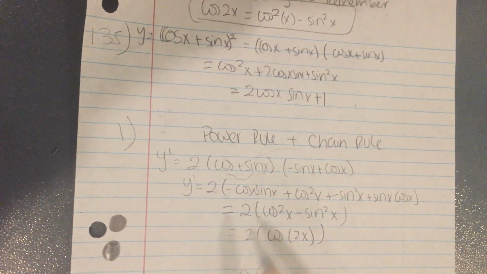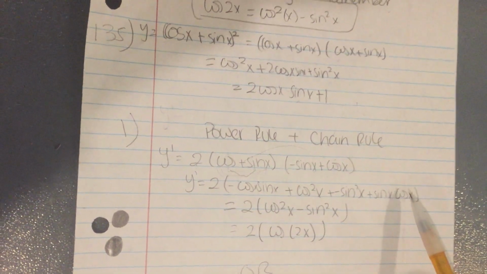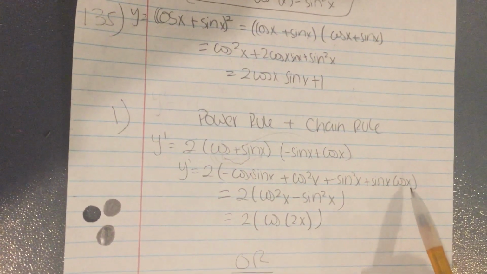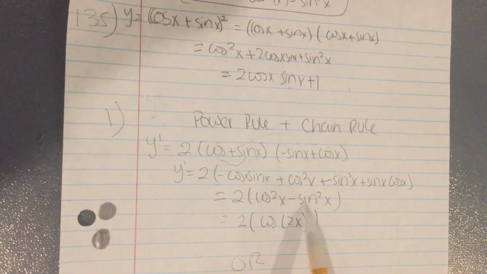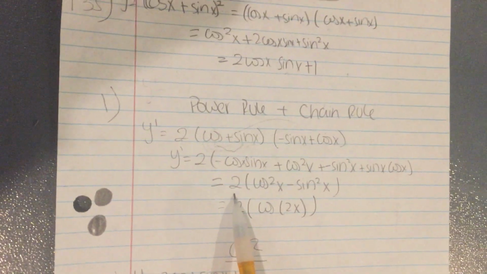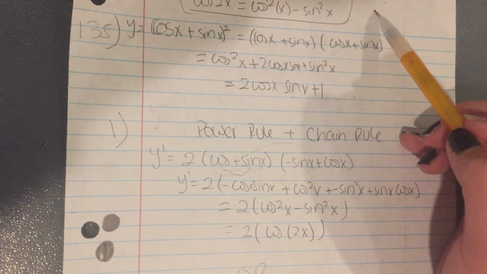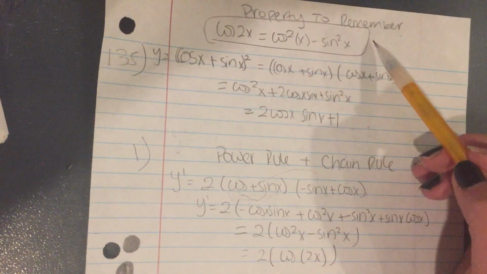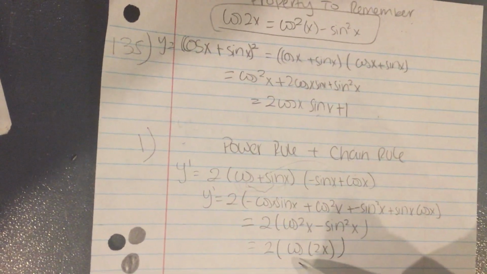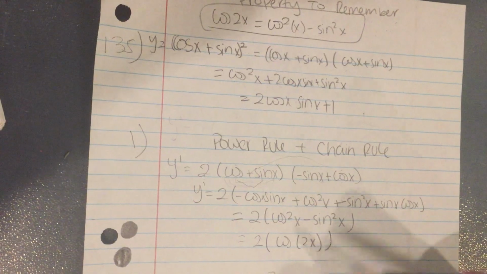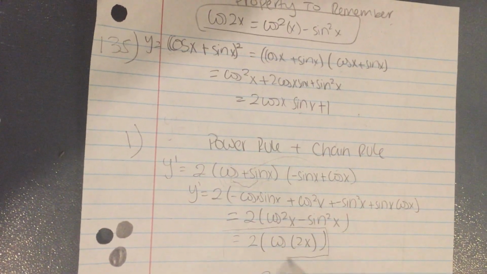So the negative cosine x sine x and the sine x cosine x cancel out, and you're left with cosine squared x minus sine squared x, times 2. And as we remember, one of the cosine sine properties is that cosine squared x minus sine squared x is equal to cosine 2x, and this is our answer.